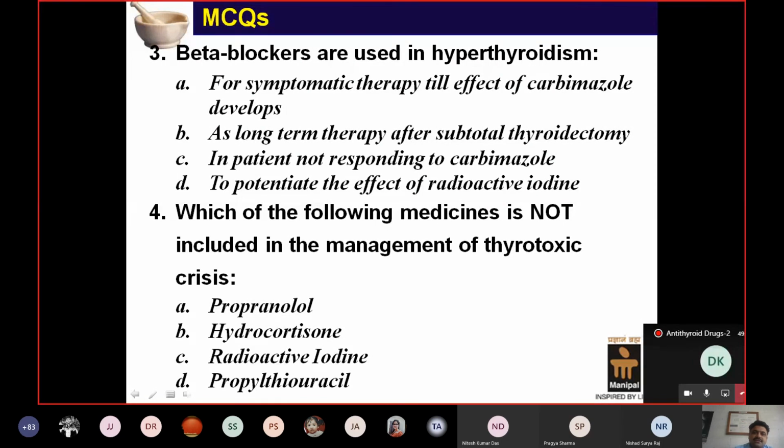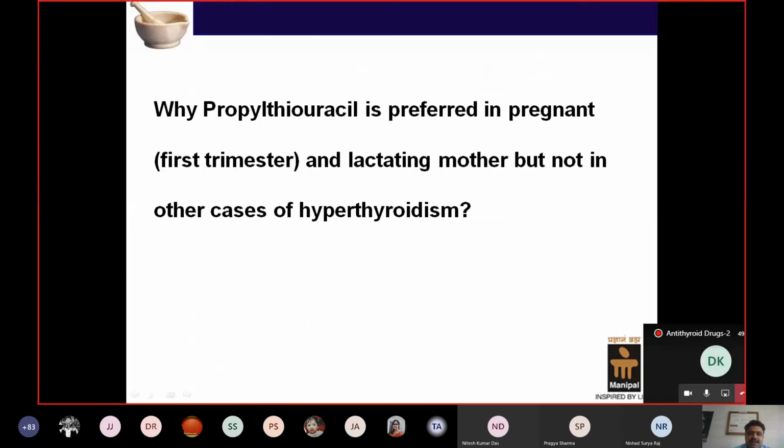So this is all about the MCQs, and at last I will leave the class with this SAQ. Why is propylthiouracil preferred in pregnant and lactating mothers, especially in the first trimester of pregnancy? We prefer propylthiouracil there, but not in other cases of hyperthyroidism.